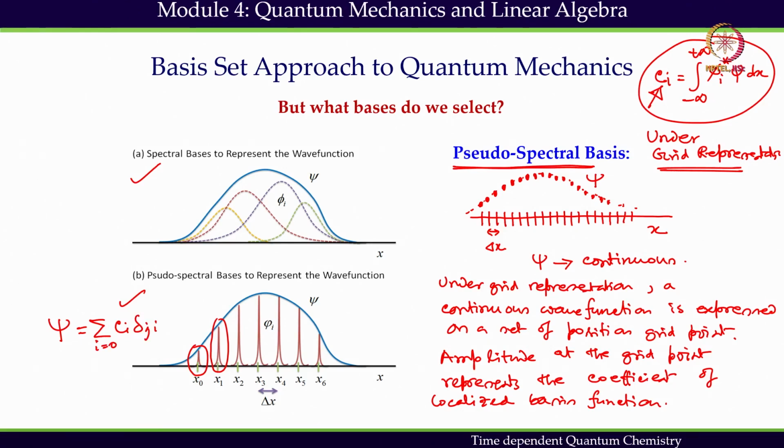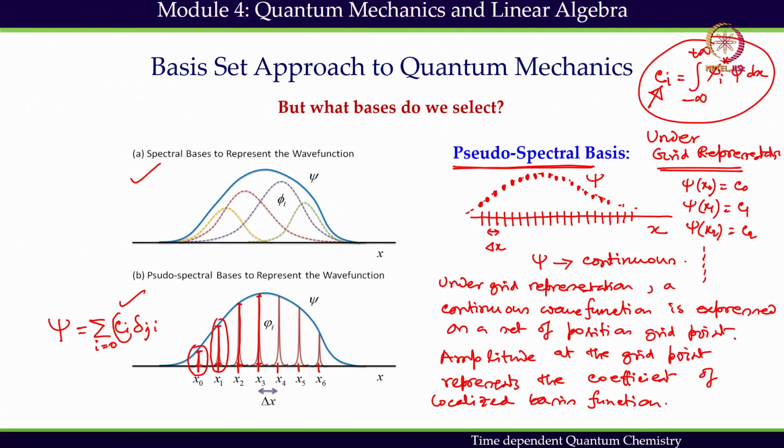So, at each grid point I have delta functions assigned, and the coefficient C I is the amplitude, the length of this amplitude. So, in the end, at x 0 point I will get the coefficient C naught, at x 1 point I will get the coefficient C 1, at x 2 point I will get C 2, and so on.